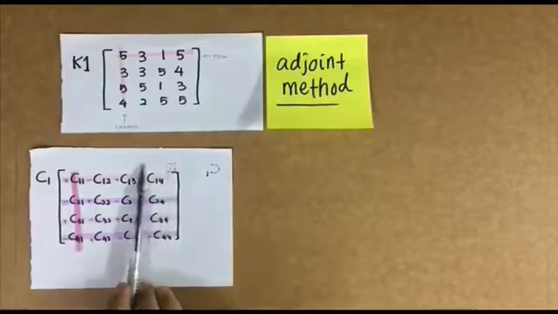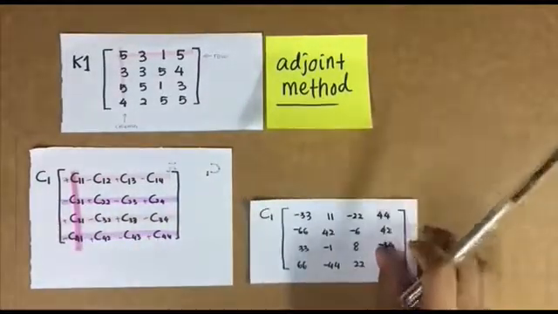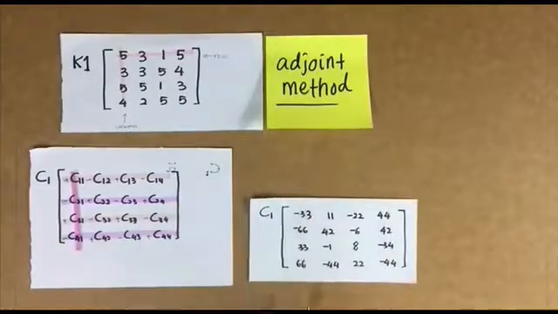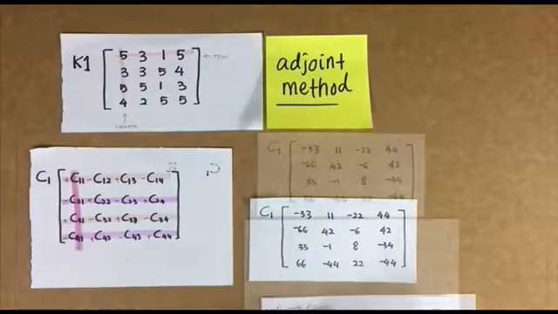After we have found all the cofactors, we will get the C for the K1 is here. And then we need to transfer the C into C transpose.